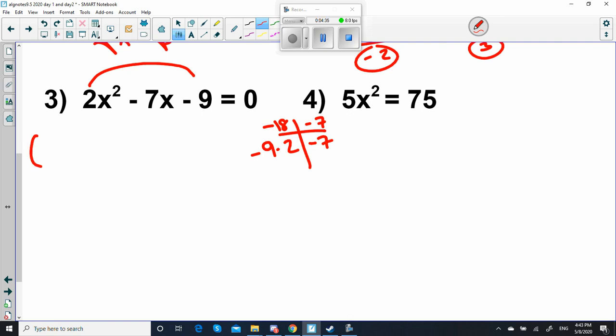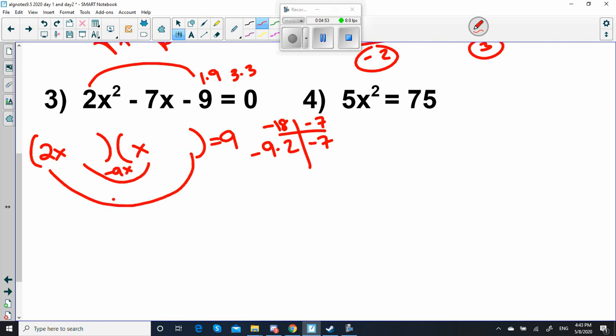So let's guess and check it. Let's see if you remember how to guess and check. 2x squared would have to be 2x and x. And 9 could either be 1 times 9 or 3 times 3. I want one of them to be -9x and the other to be positive 2x. This one's already 2x, so that means this has to be a +1. So I'm using this one.